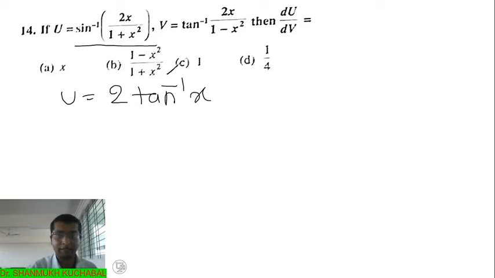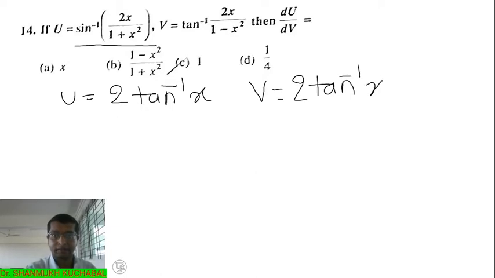Similarly, v equal to tan inverse 2x divided by 1 minus x square, by the standard formula, is also 2 tan inverse x. So you have studied this concept in inverse trigonometric functions.